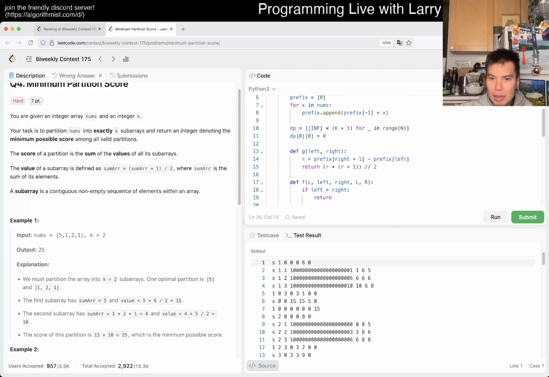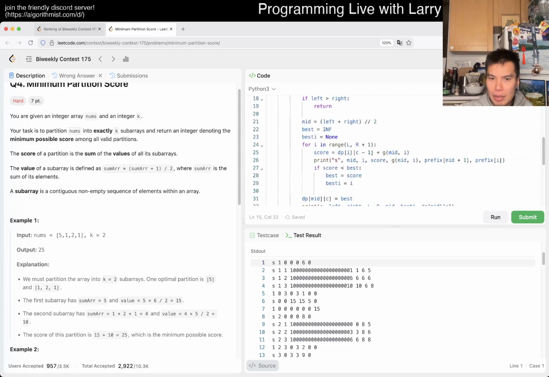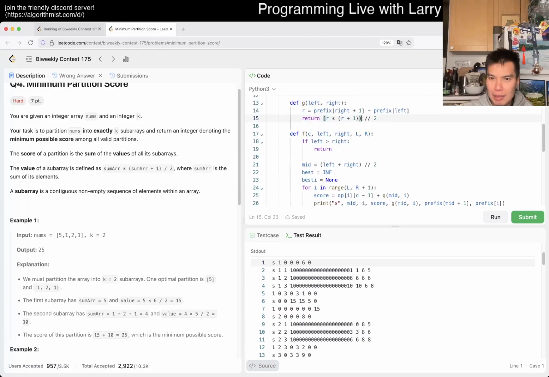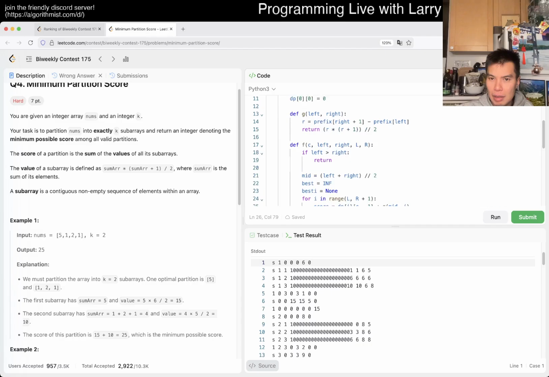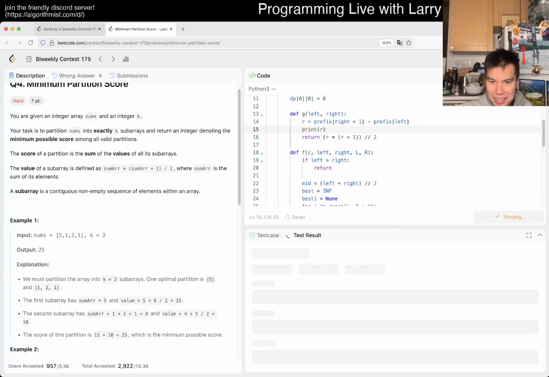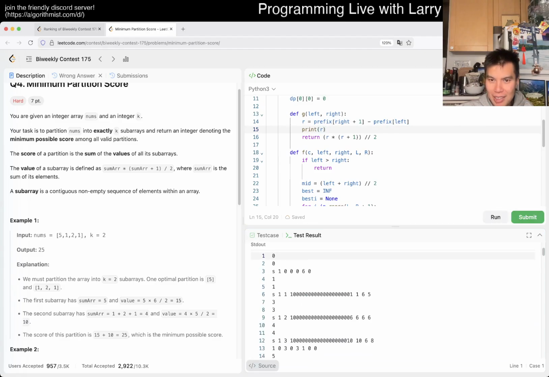Is that not what? Do I have another function defined somewhere? I don't get it. Why is this giving me 0 when this is 6? Huh? Why?